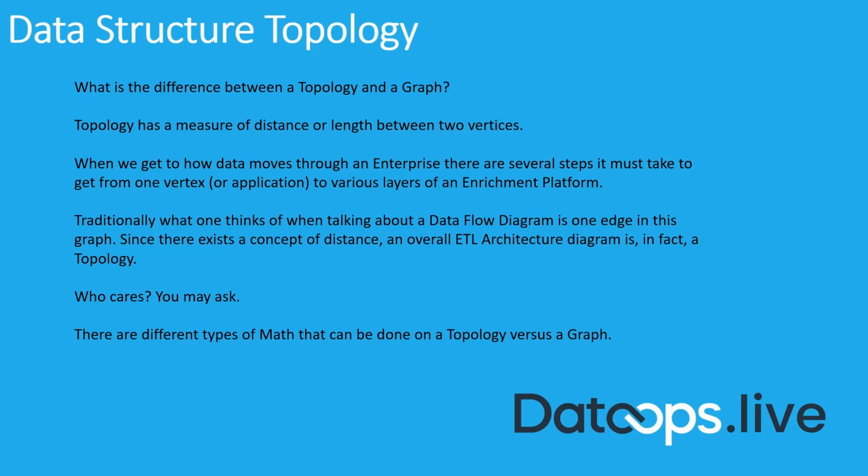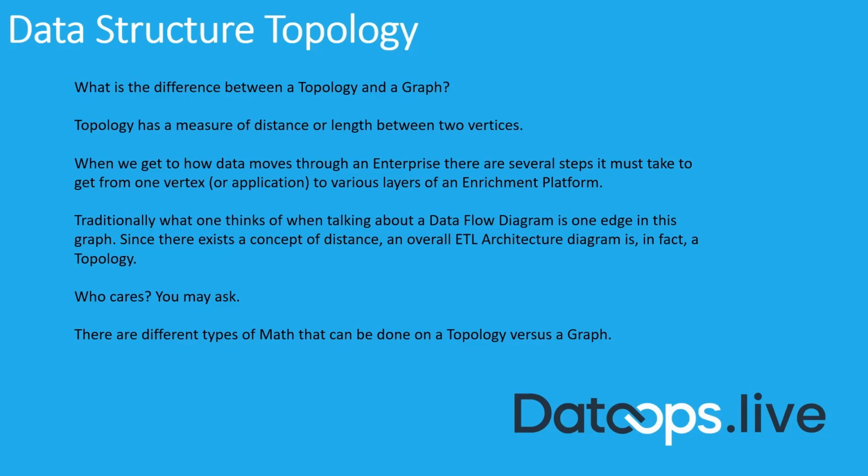So the illustration there, of course, is each of the application data models are going to be slightly different, but bringing that into an enrichment platform, a staging area, there is at least a length of one. So there's some kind of transformation logic or movement logic that is happening to pull the data from the application into a staging area.